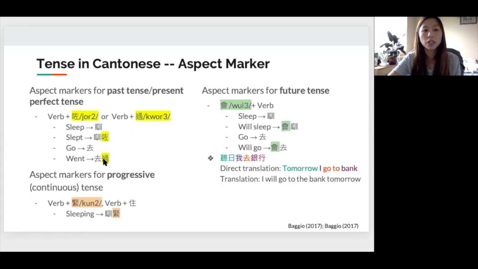You might be wondering when to use 咗 or 過 to mark past tense. The answer is, it depends on the verb and the context of the conversation. For example, if you want to express that you have completed the action, like I went to the grocery store, then it will be more appropriate to use 咗, like 我去咗超級市場.